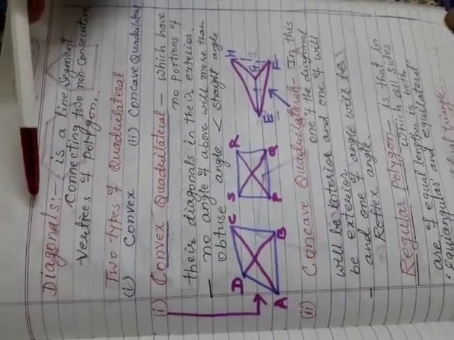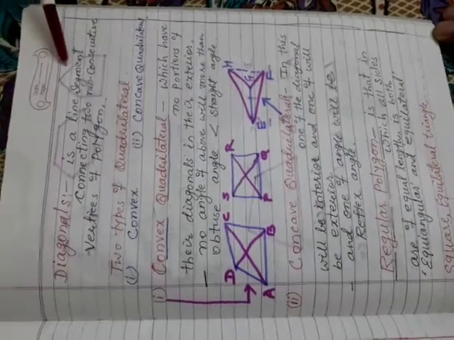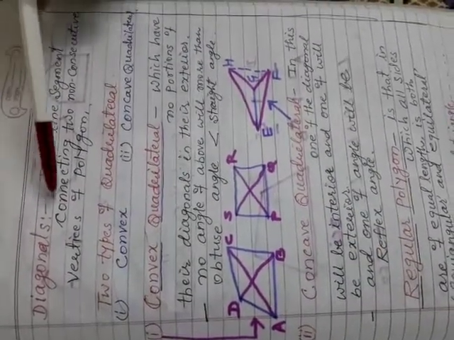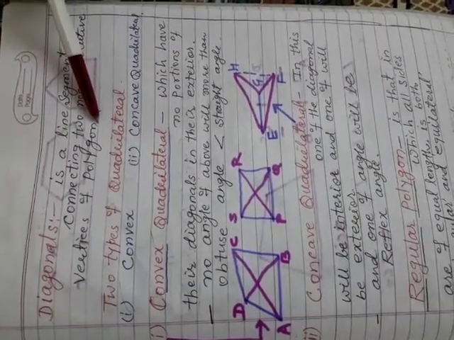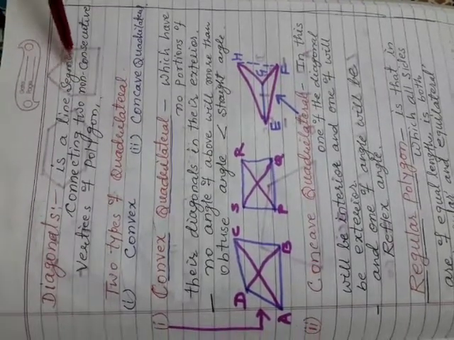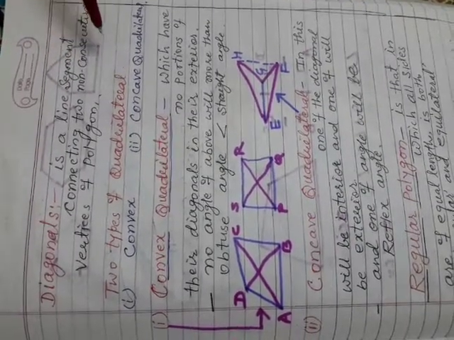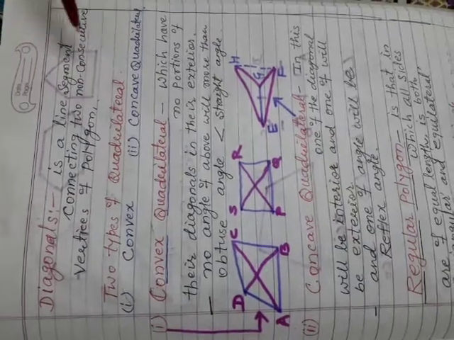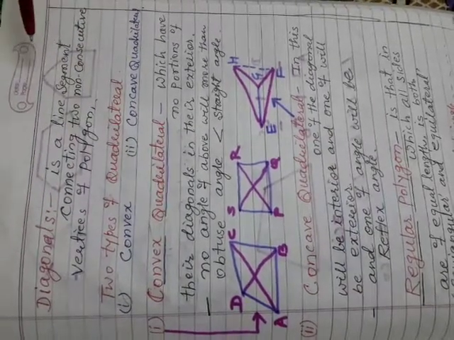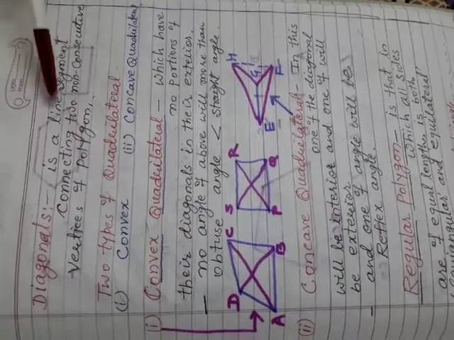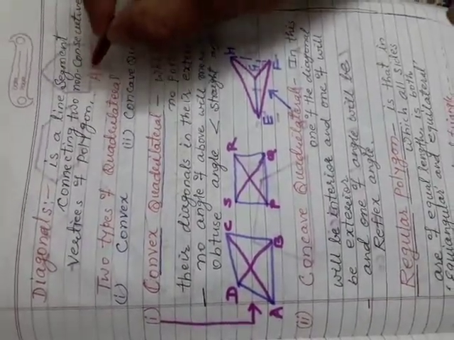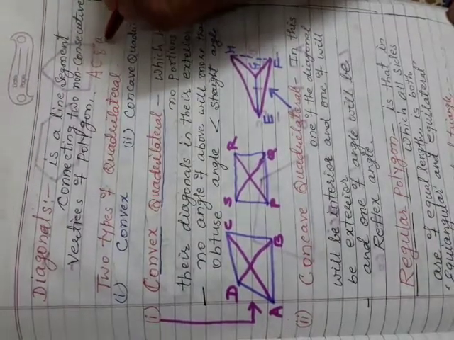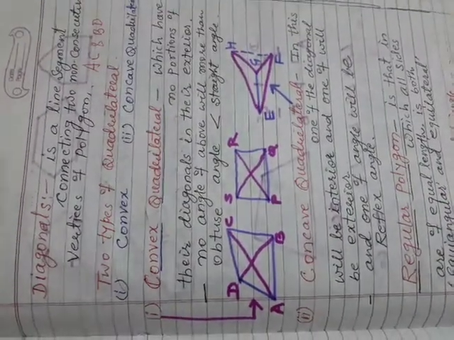A diagonal is a line segment connecting two non-consecutive vertices of a polygon. In simple meaning, opposite vertices joined together, or non-consecutive means take one vertex, leave another and take the next, alternate. So AC and BD are the two diagonals in the above quadrilateral.